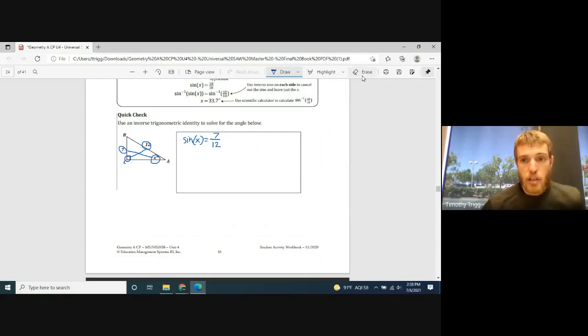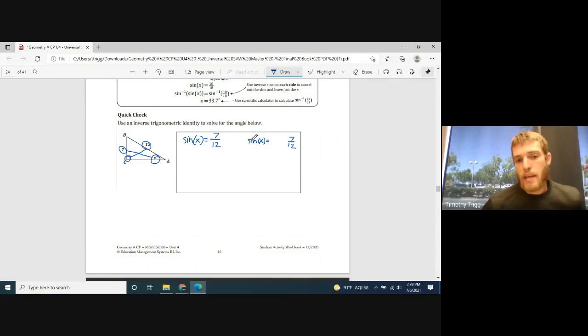Now I'm actually going to rewrite this a little bit differently. I'm going to put sine of x, then equals, and I'm going to leave a little bit of space and then do 7 over 12 here. I suggest you do the same thing. Now, why would I do that?